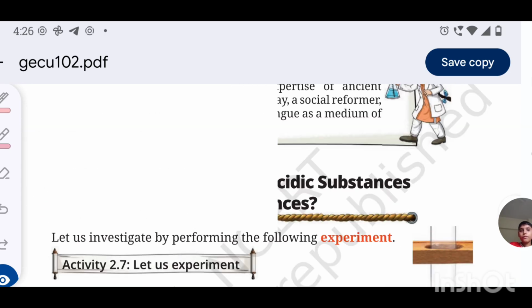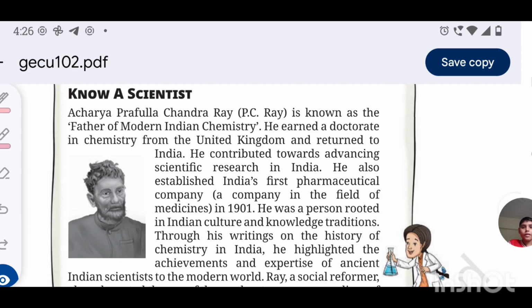What is this? 2.7. He is known as the father of modern Indian chemistry. He earned a doctorate in chemistry from the United Kingdom and returned to India. He contributed towards advancing scientific research in India.